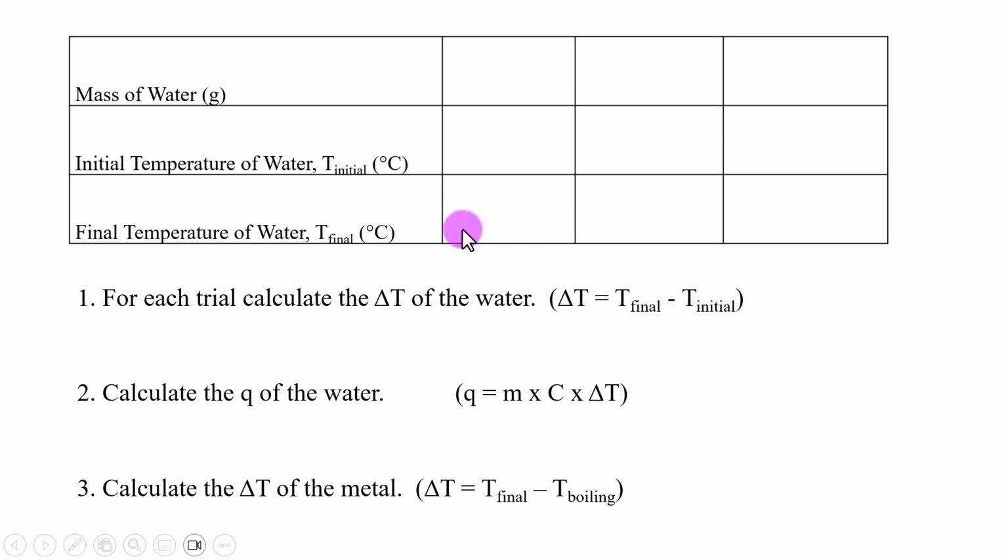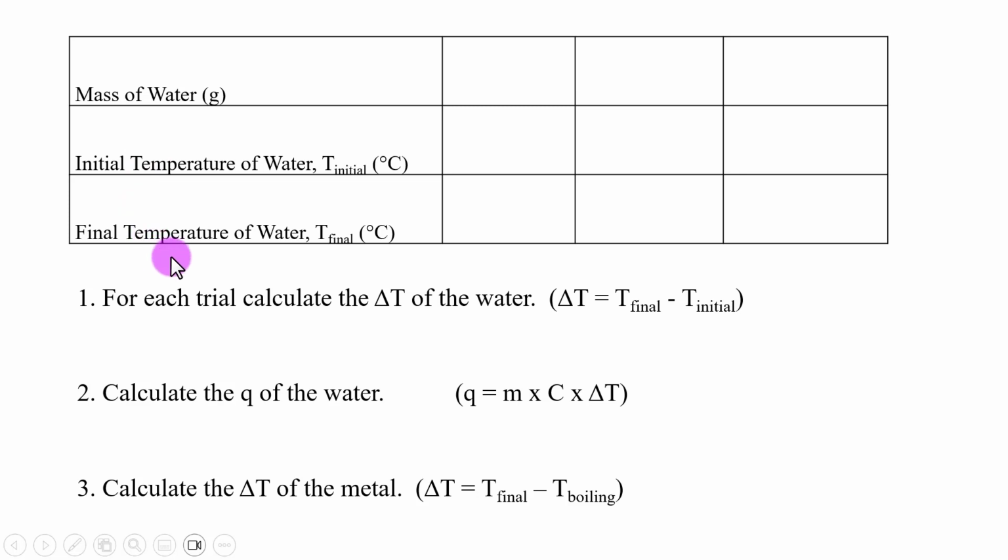So you have a final temperature, an initial temperature, and do the difference between those two. Not the temperature of the boiling water. That temperature is only to give us the initial temperature of the metal. It doesn't deal with this water, okay?